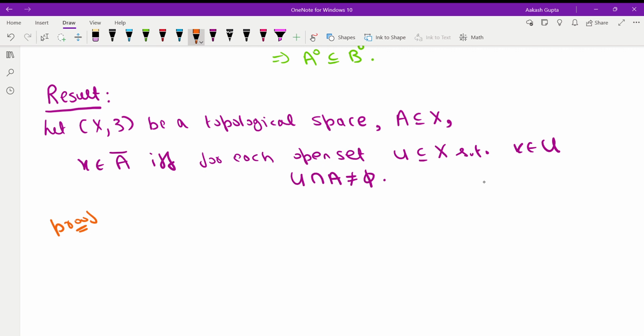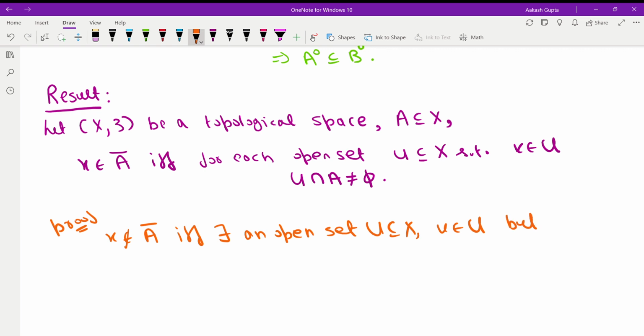Rather than proving this statement, let us write the contrapositive one. So x doesn't belong to A closure if and only if there exists an open set U in X such that x belongs to U, but U intersection A is empty.